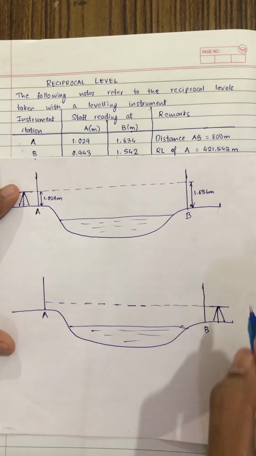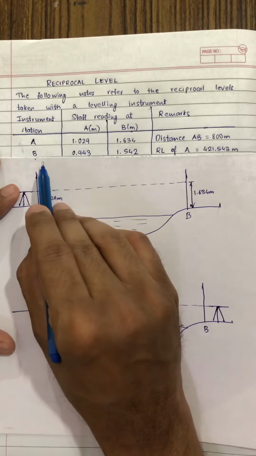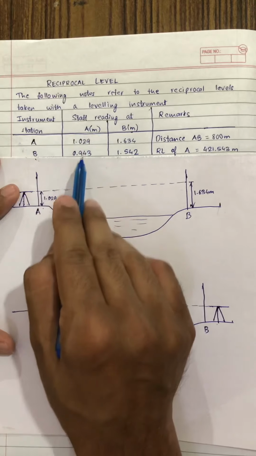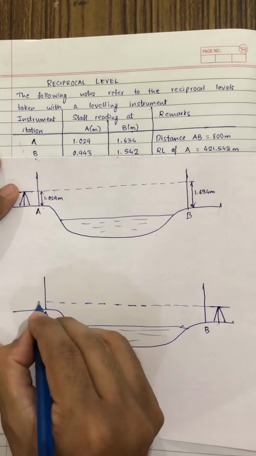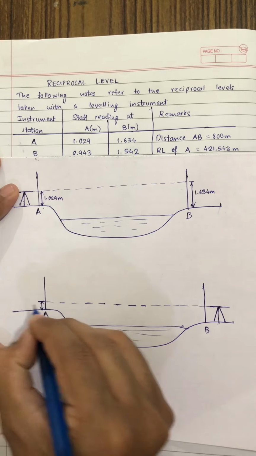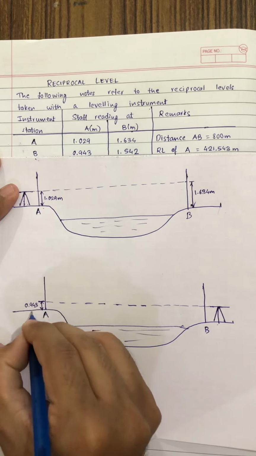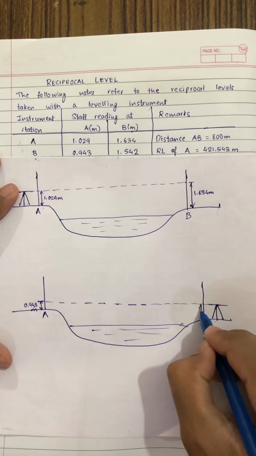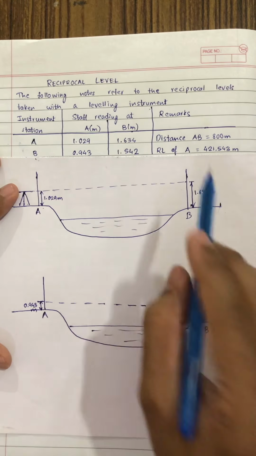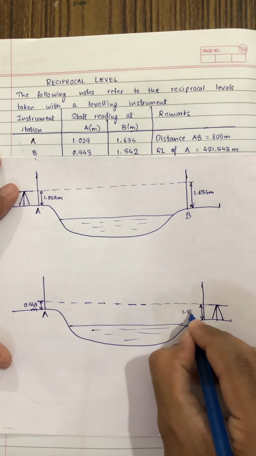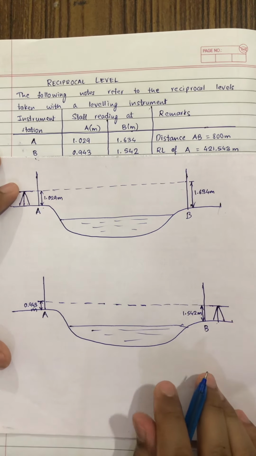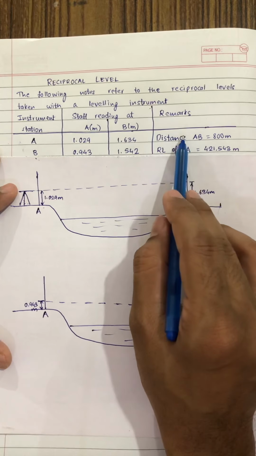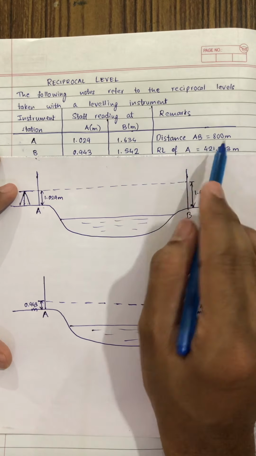The staff reading at A, when the instrument is near B, is given as 0.943 meter. And at B, the reading is given as 1.542 meter.